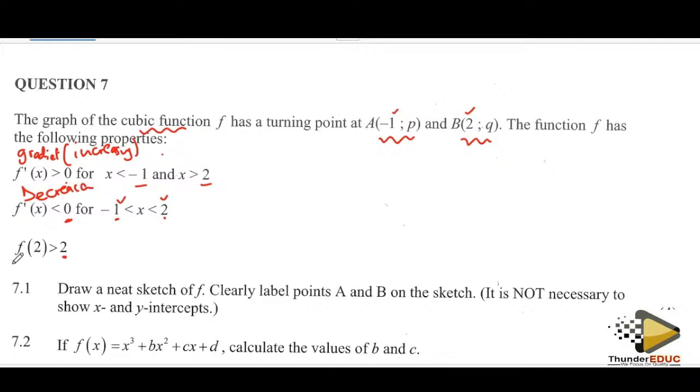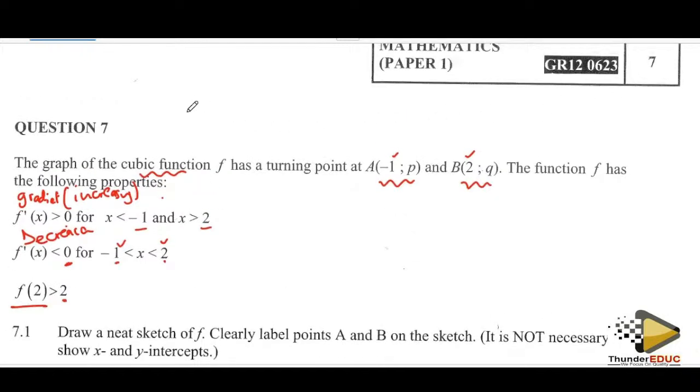And then f of 2 is above 2. So what I can get from this, remember, we have two types of cubic function graphs. We have one in that sort of format, and then you have one that is in this sort of format.